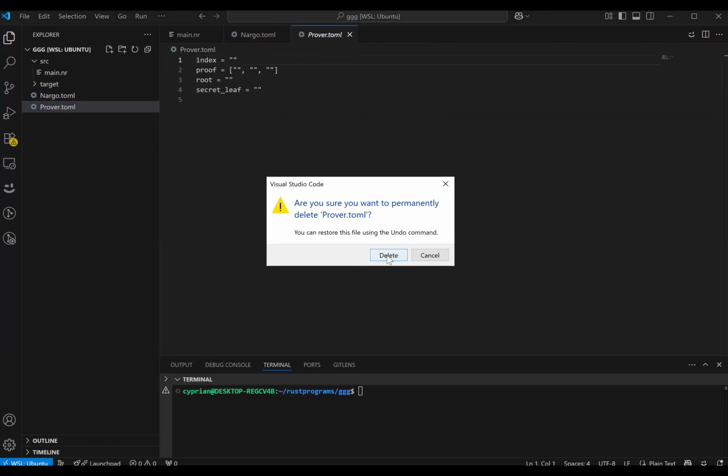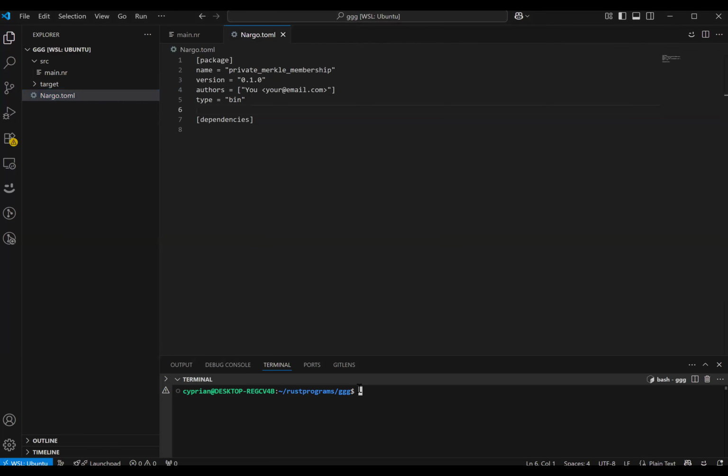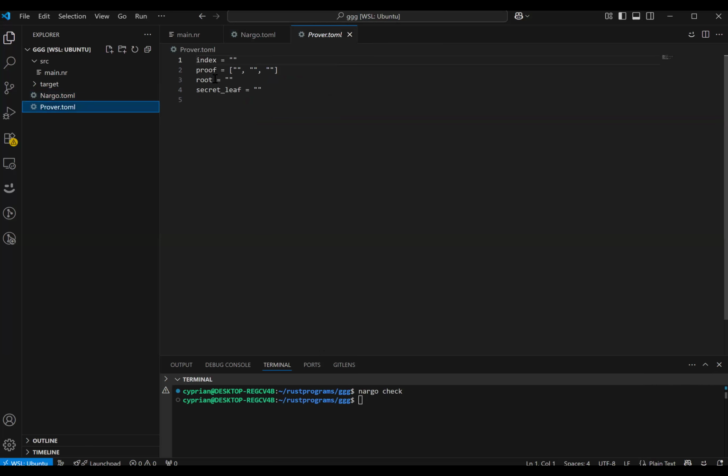So when I delete it and just come to this terminal and say nargo check, this will help me come up with the Nargo.toml without having to struggle with it. If I press enter, and if the circuit is okay, it runs, and it gives me the Prover.toml. The Prover.toml is telling me that I should provide the index, the proof, the root, and the secret leaf.